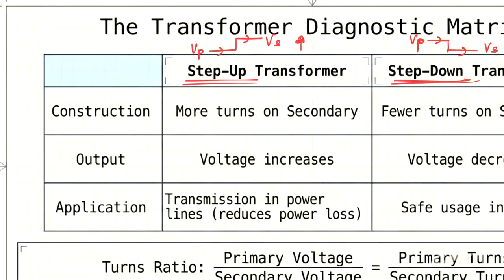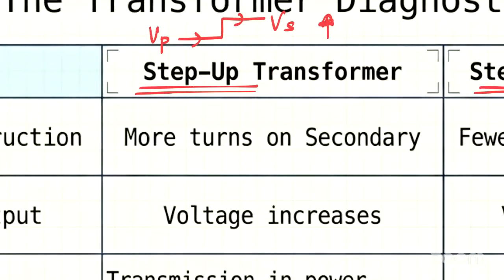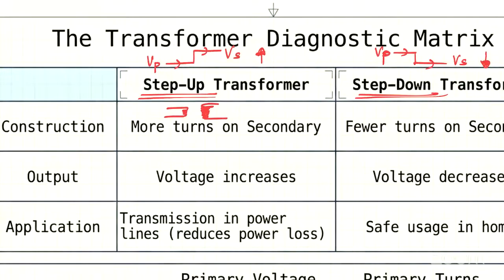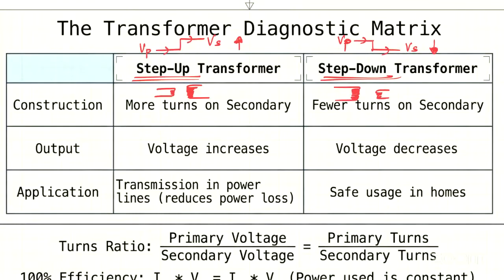If we draw a simple diagram, for step-up, Vp will have low turns but Vs will have more turns like this. And for step-down, Vp will have more turns and Vs will have few turns like this. So remember that. The voltage increases, and the voltage decreases.